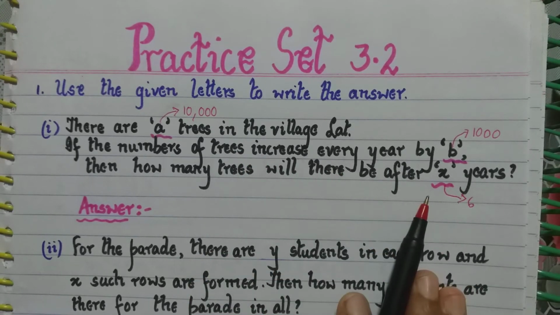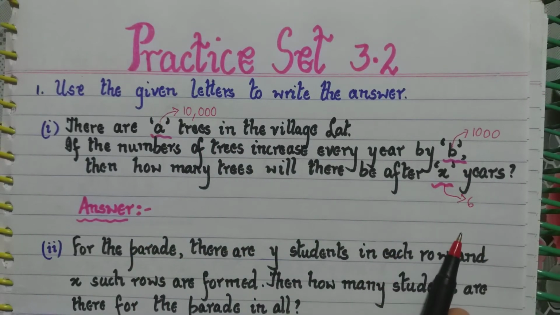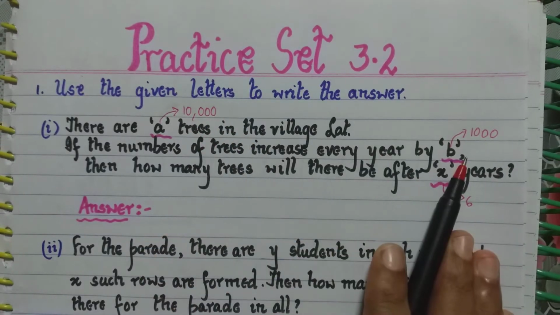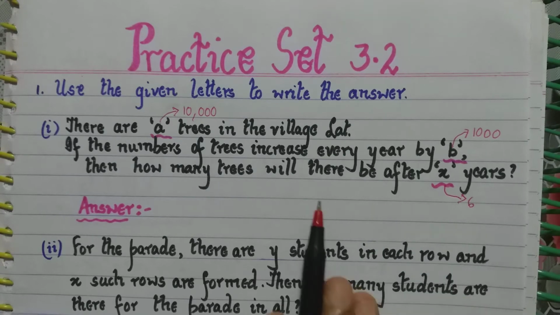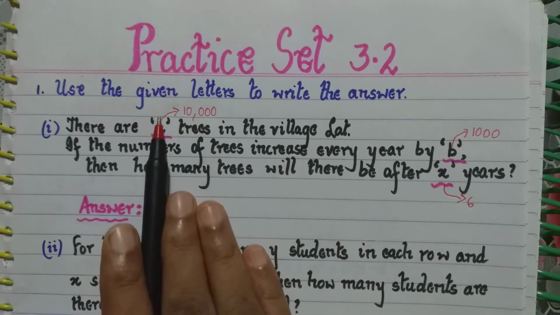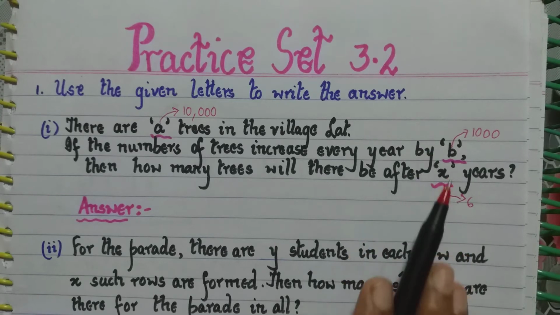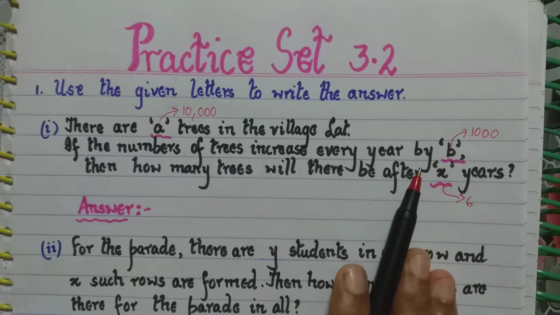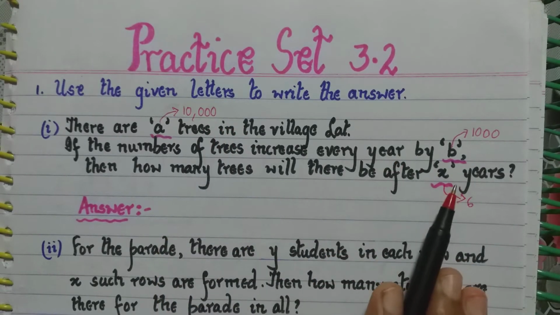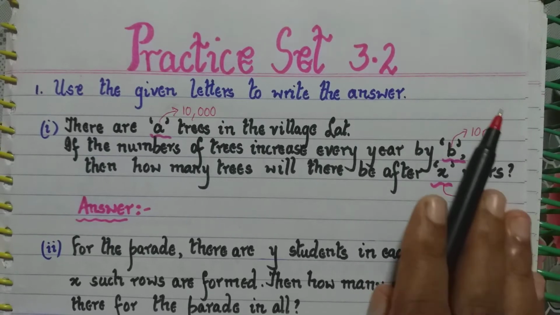In the same way it continues. If I say for 3 years, you will say 10,000 plus 1000 into 3. If I say after 4 years, you will say 10,000 plus 1000 into 4. Now, if I take the example they have given, 8 trees increasing by B every year, and the number of years is X, here I got 10,000 plus 1000 into 6.